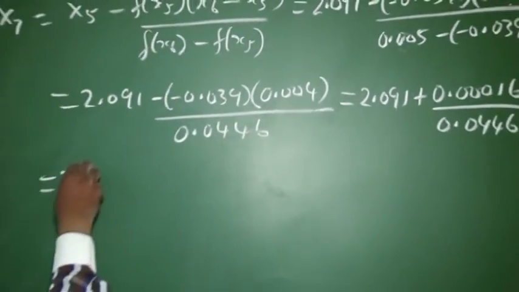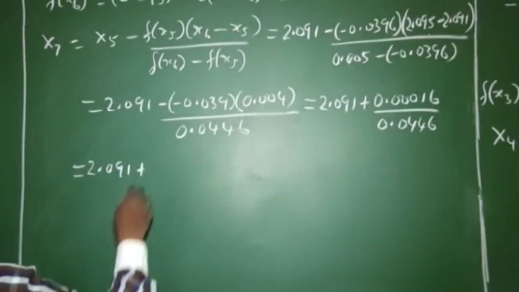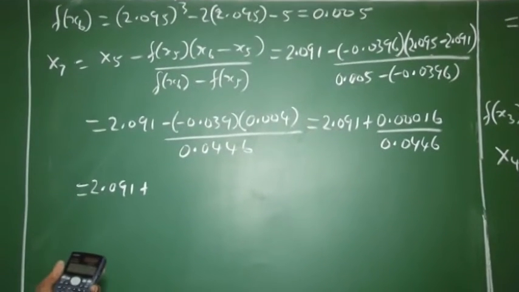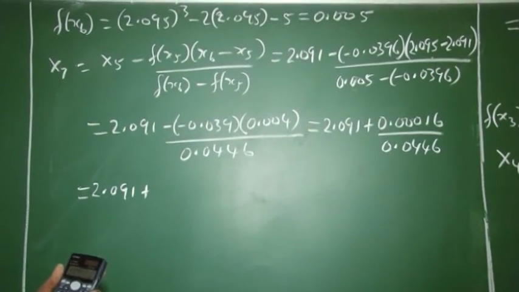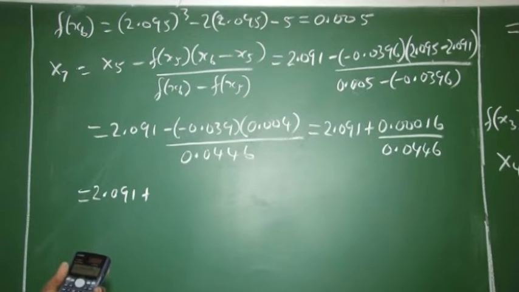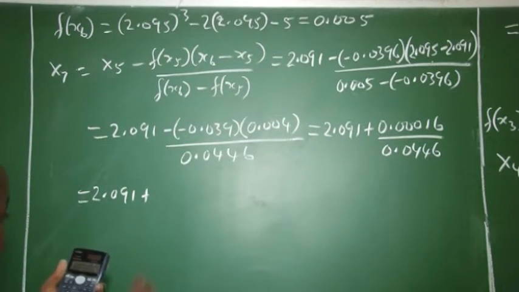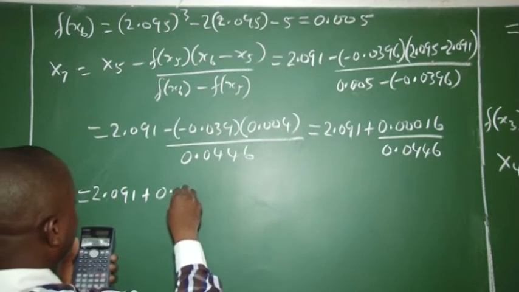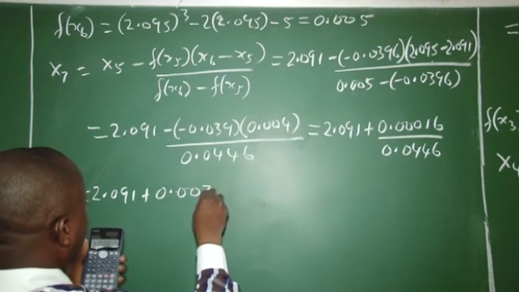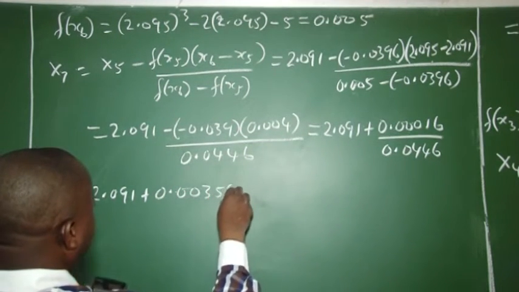So this becomes 2.091 plus, and if we divide 0.00016 by 0.0446, we'll have 0.00359.